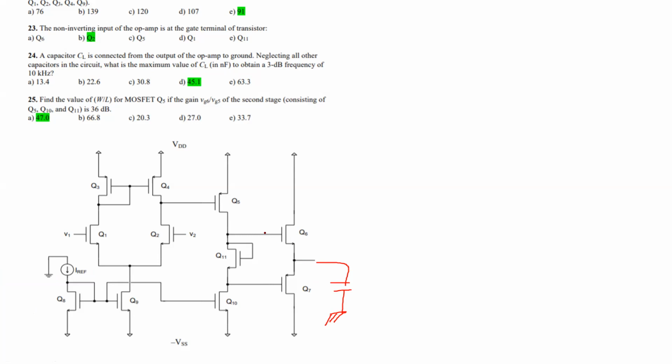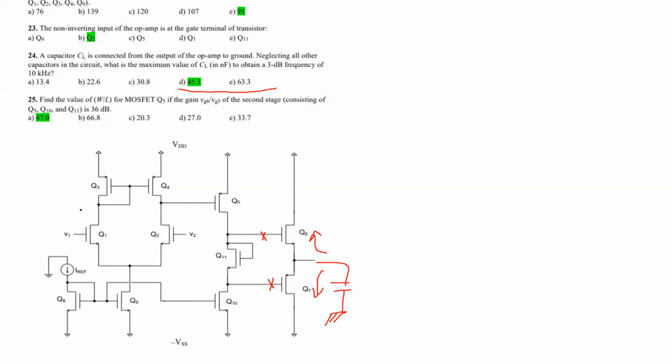The good thing about a MOSFET is that the current here is zero. So I can safely assume we look at RQ6 and RQ7 in parallel with C, which gives me the time constant. Whoever solved this question, is this correct? Unless there's a hidden hint. Correct. So we can find the RC from whatever resistance is seen by this capacitor.